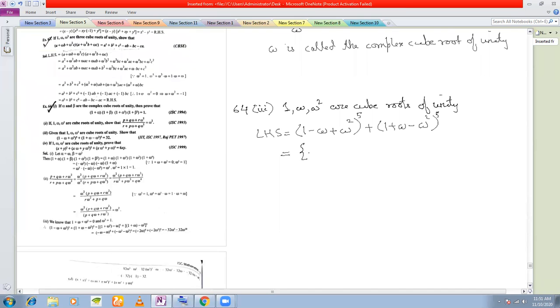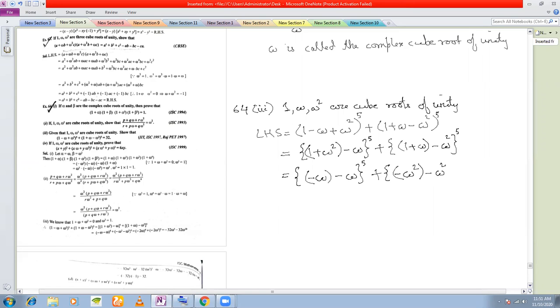So what you do here is you write this as 1 plus omega square minus omega to the power of 5 plus 1 plus omega minus omega square to the power of 5. Now what is 1 plus omega square? As I showed above, 1 plus omega square is minus omega. Minus omega to the power of 5. And 1 plus omega is minus omega square.